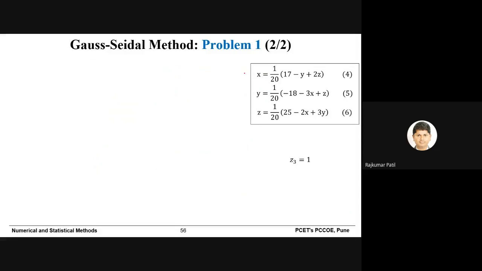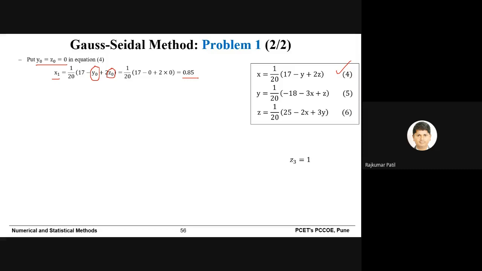So you can see here, we put y naught and z naught equal to 0 in equation number 4. In that equation, x1 is equal to, you can see, we replace y naught and z naught by 0. Upon simplifying, we will get x1 is equal to 0.85. And generally, if we do calculations in a very quick manner, then there is a chance that you may make mistakes.